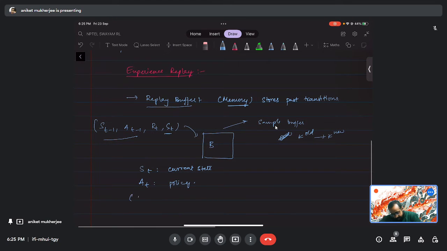Then you get (S_t, A_t, R_{t+1}, S_{t+1}). Push it into this buffer. Now sample uniformly from that buffer and update your parameters for the functional approximation of Q star.